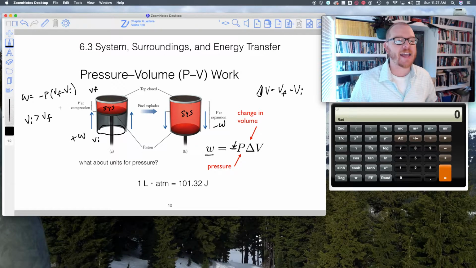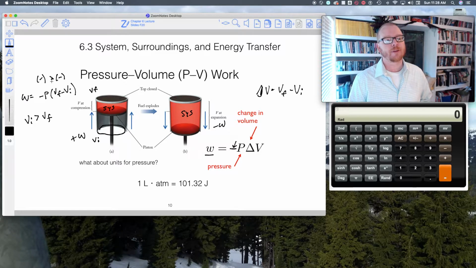And if VI is greater than VF, then look what's going to happen. So this VF minus VI will be negative, right? And then times negative P. So negative times a negative gives me a positive.